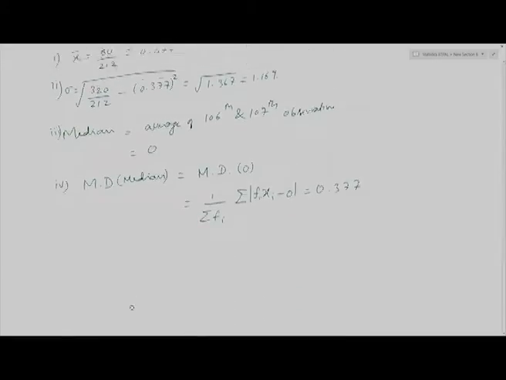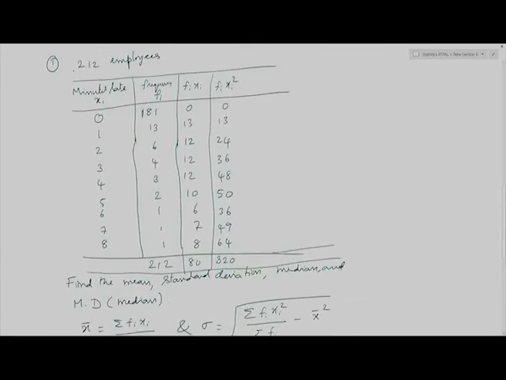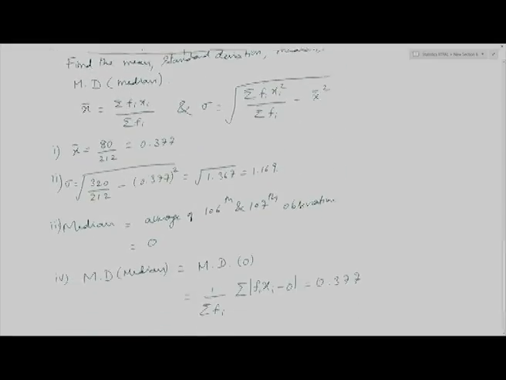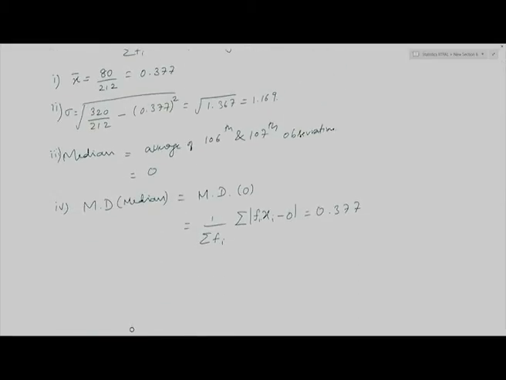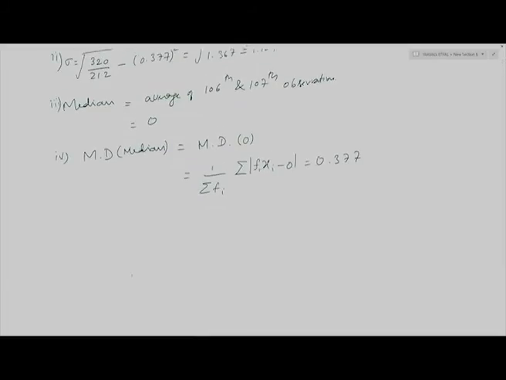All the other entries, the observation is 0. Therefore, the correct picture is given by the mean and the median and the mean deviation about the median. That is the conclusion we can make from this given data. And then let us go to the next example.